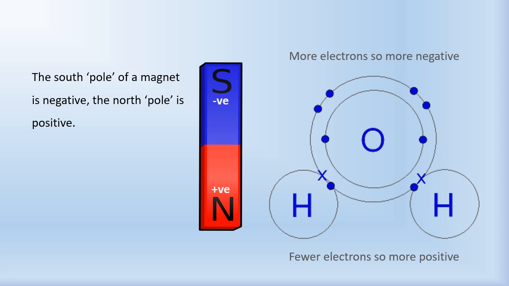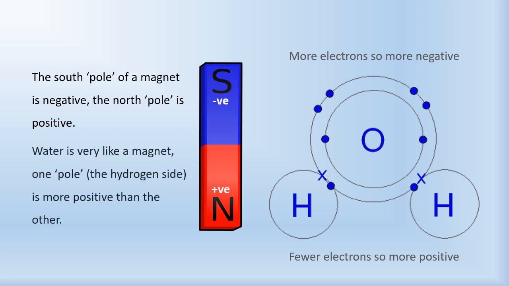So the water molecule acts like a little magnet, the oxygen side being negative compared to the hydrogen side. So water is very like a little magnet. One pole, the hydrogen side, is more positive than the other. Hence the term, it's a polar molecule.